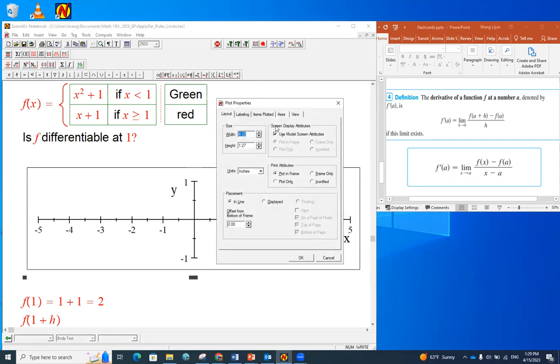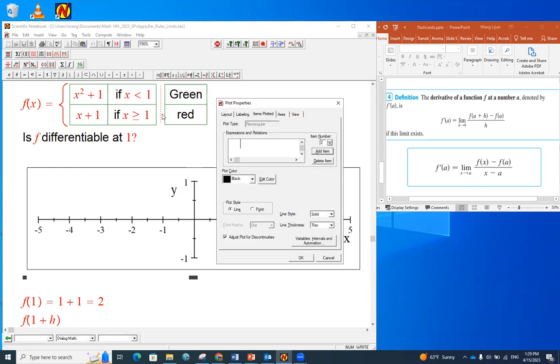So we have two pieces of functions. One is for x less than 1. We're going to draw a piece of line to the point 1, 0.